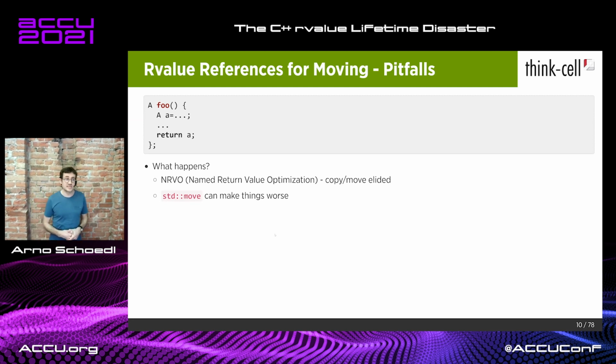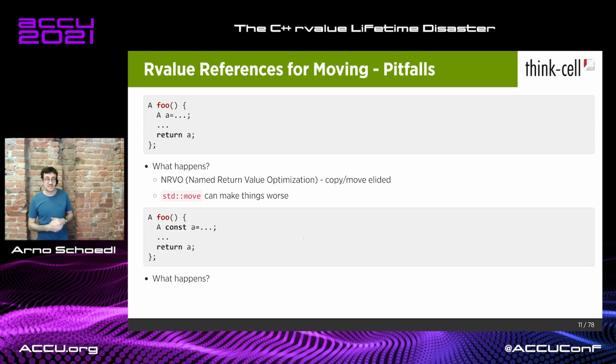The trick here is that the a that gets instantiated inside the local function foo gets actually instantiated already in the place where the output parameter of this function would go. And so you don't need to copy it at all. It's already created in the right place. So when you return out of the function, the a is just there. So in this case, actually, std::move makes things worse.